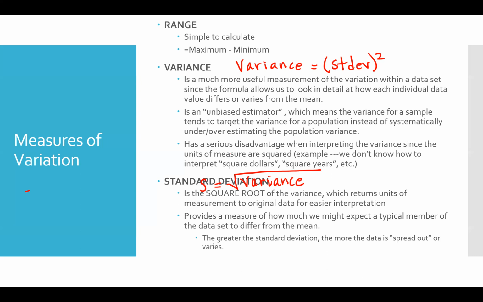Now, the way we think about standard deviation, the larger the value for the standard deviation, the more spread out the data is, the more it differs from each other. Okay. Oh, and by the way, standard deviation is never a negative value, because if you take the square root of a negative value, it's imaginary. Can't deal with imaginary numbers in statistics.